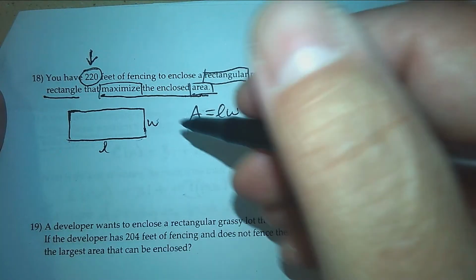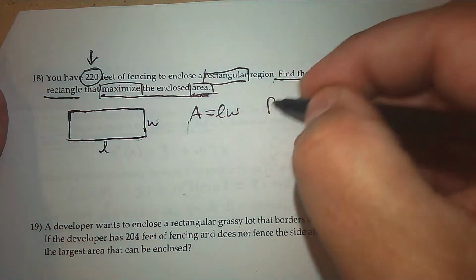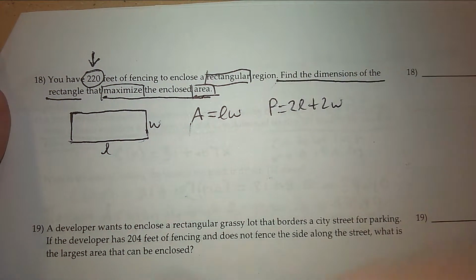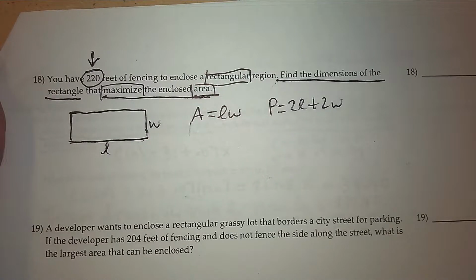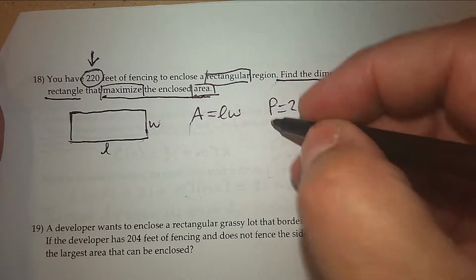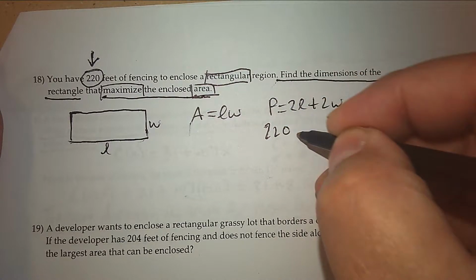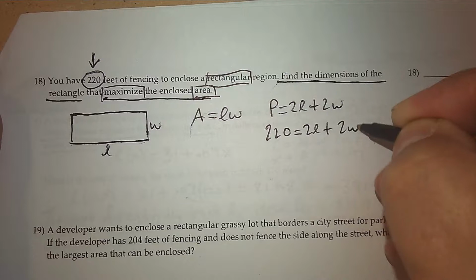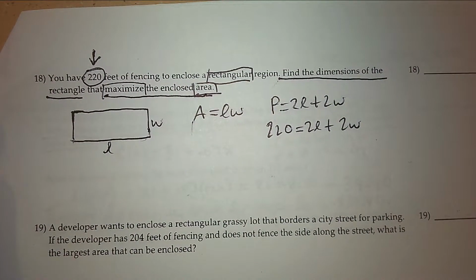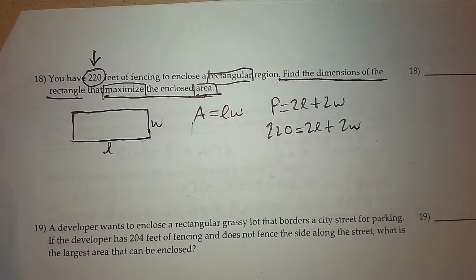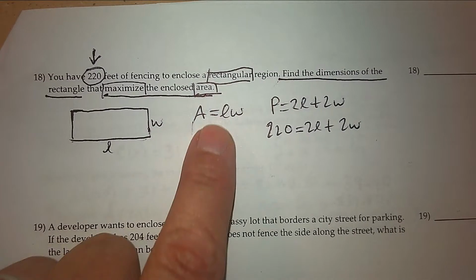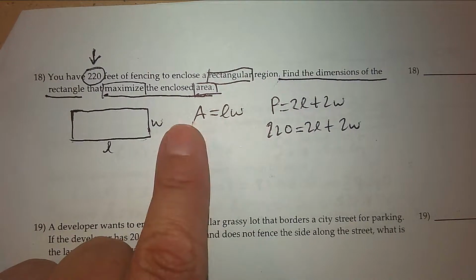If I put fence around my rectangular region, is that area or perimeter? So perimeter of a rectangle is twice the length plus twice the width. And what we found out was we have 220 feet for our perimeter.